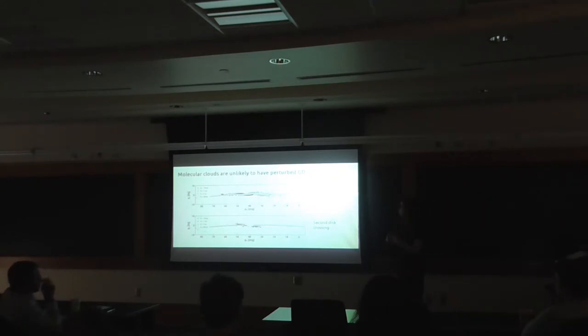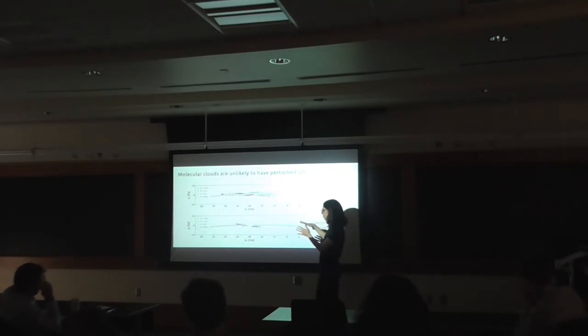Since we have the orbit of GD-1 and know how it crosses the disk, we know exactly the relative orientation between the stream and a potential GMC moving on circular velocity in the disk. So we can create a model of that interaction and see what the first disk crossing would look like, and the colors just show where the molecular cloud was with respect to the stream.